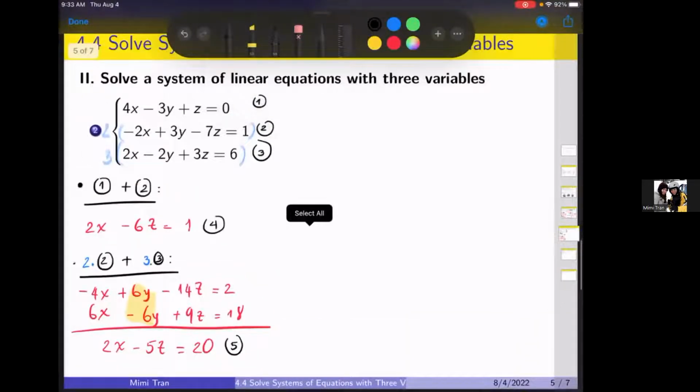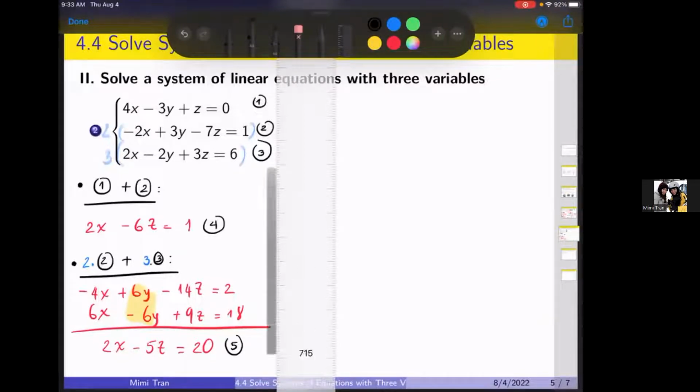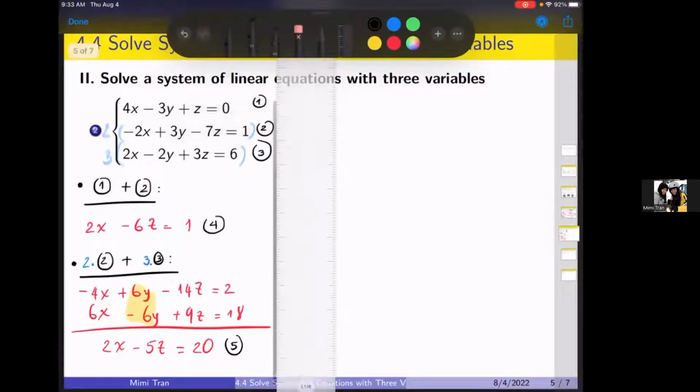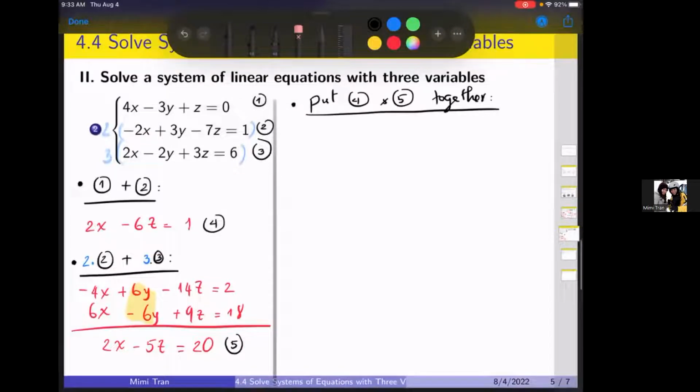We're going to put 4 and 5 together. You don't have to write it out, I'm just writing it for the notes. Let's say I have 2x minus 6z equal 1, and then 2x minus 5z equal 20.